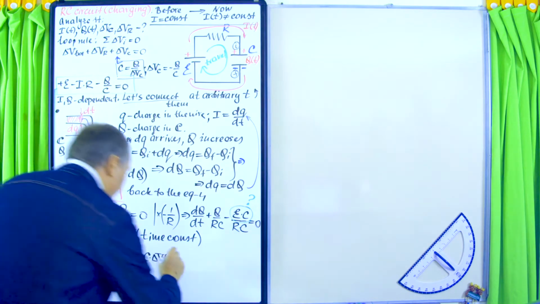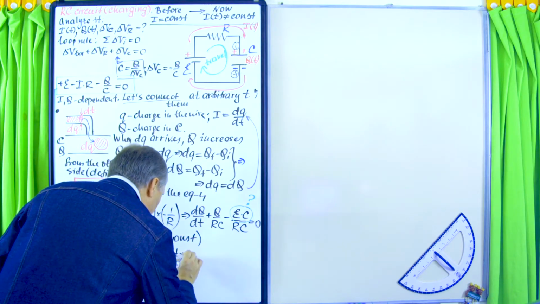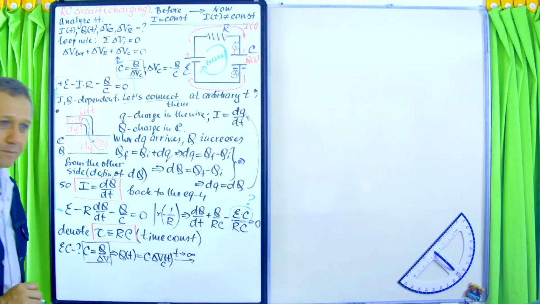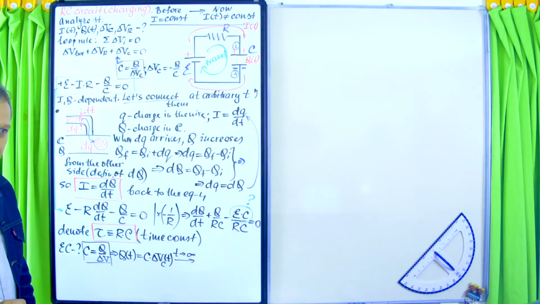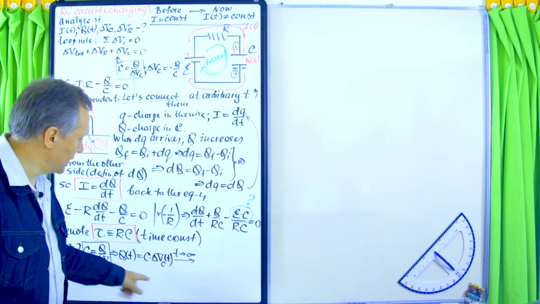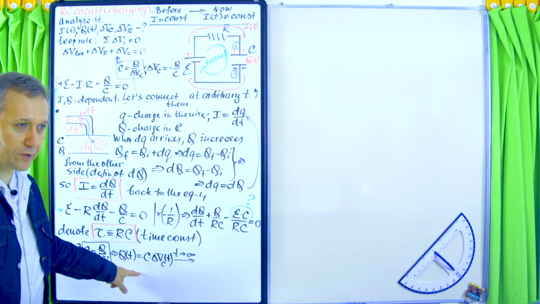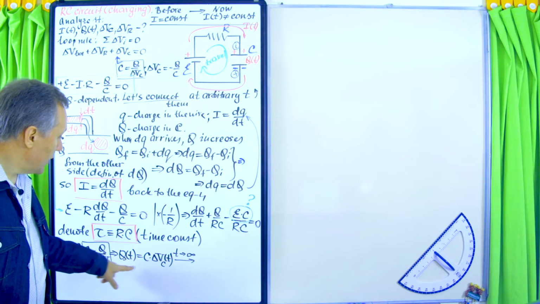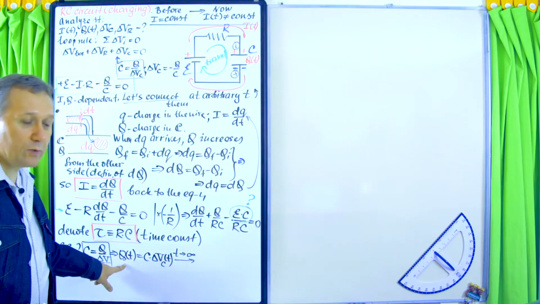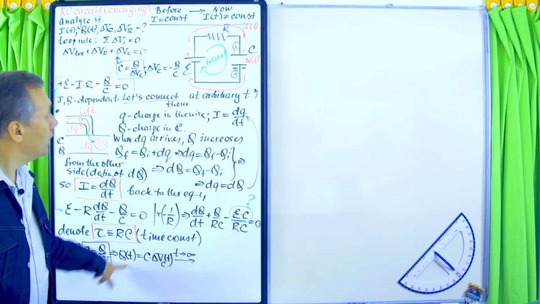So now let's look at this when t goes to infinity. Let's just wait for a long period of time, t goes to infinity, and see what we are going to get in this expression. What will happen to the charge if you wait long enough?